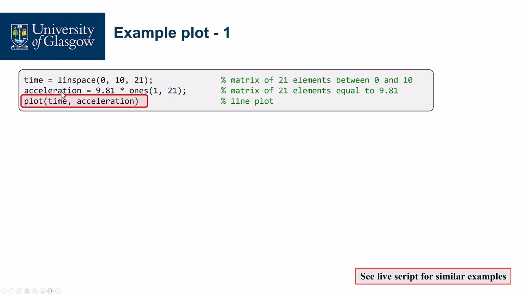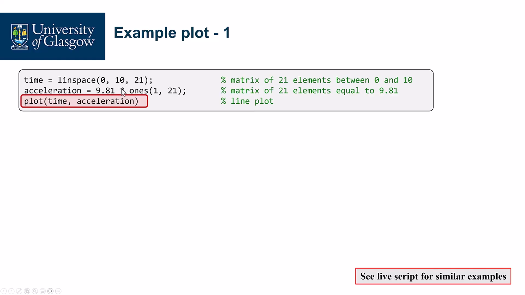So I plot the acceleration. Acceleration is 9.81 multiplied by ones(1, 21). What is this? ones(1, 21) generates a matrix of ones with 1 row and 21 columns, and we multiply it by 9.81.